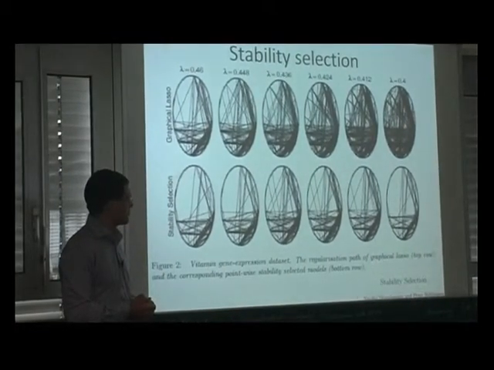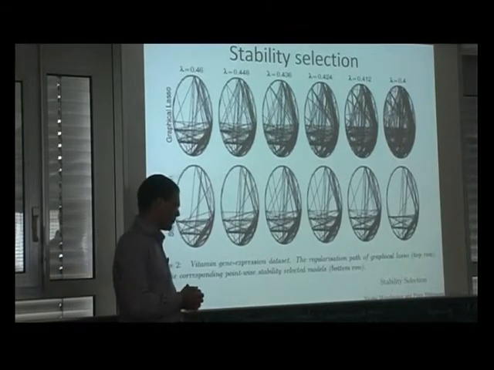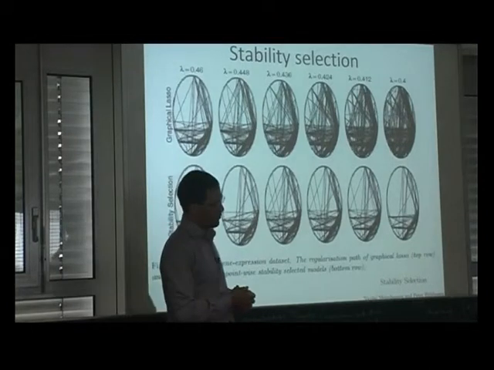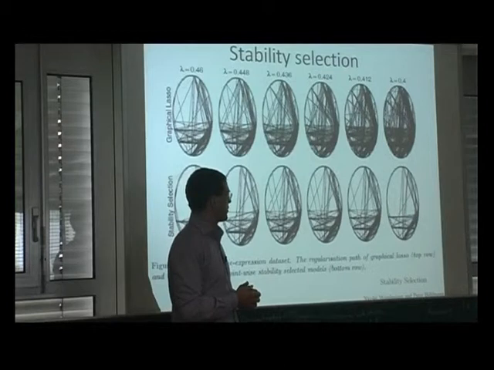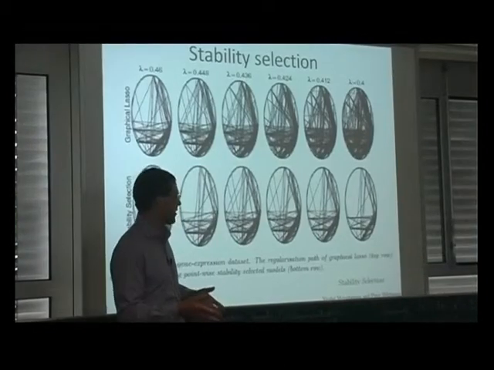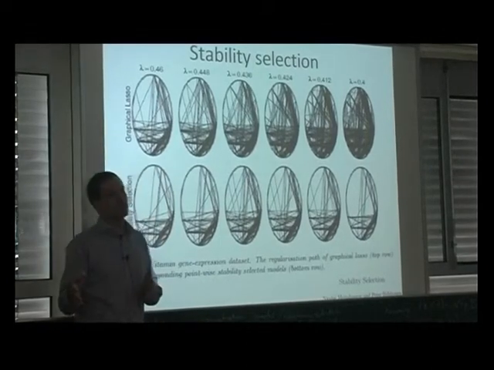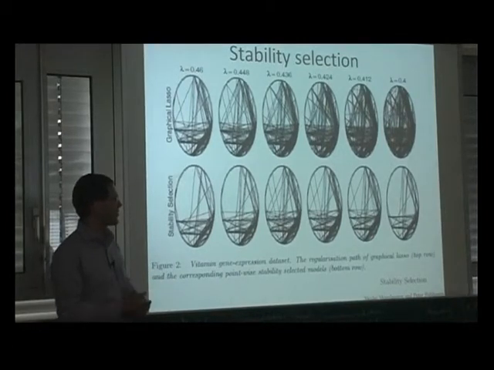So stability selection itself seems to be an idea that will be applicable to other problems also. So rather than use your whole data at once, resample from your data, fit a model on each of these subsets, and then try and find what parts of your model are consistent across these subsets.